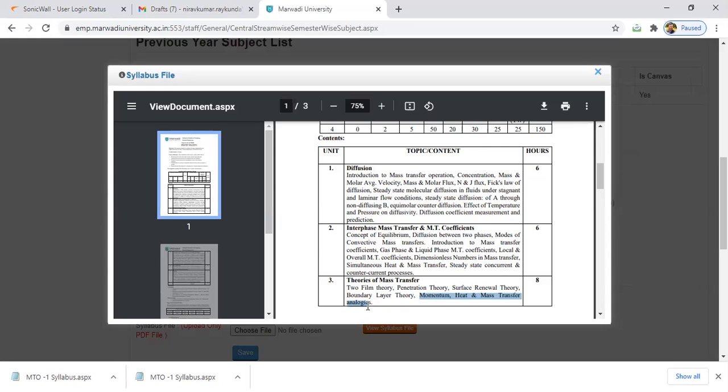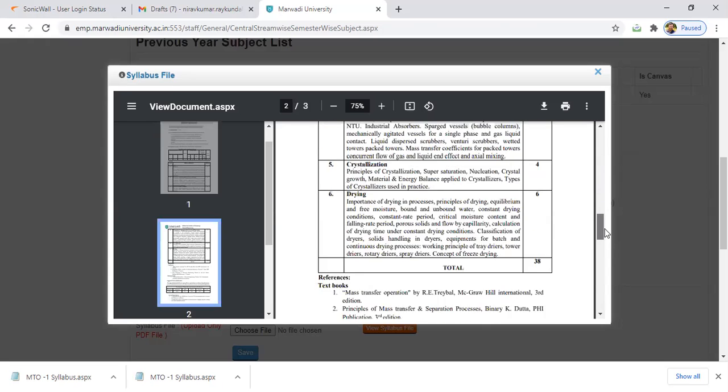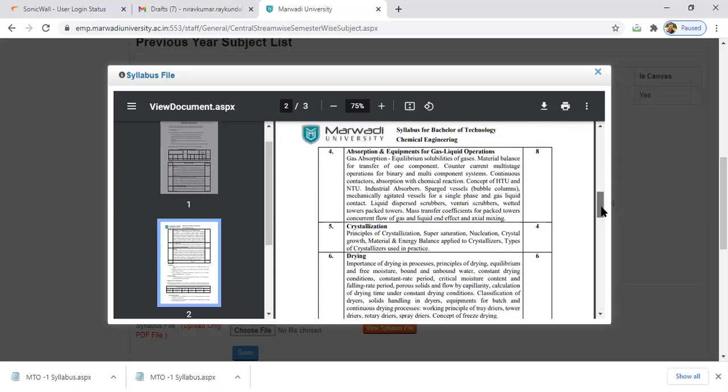So we'll study like this. Then we go for chapter number 4, 5, and 6.